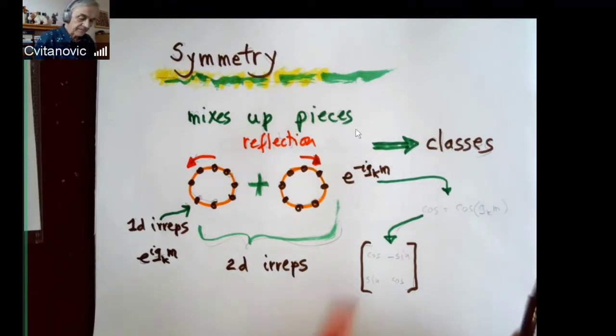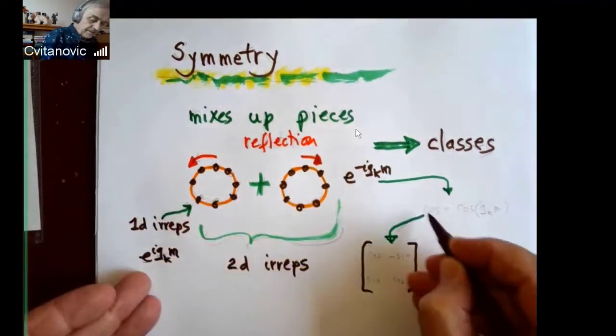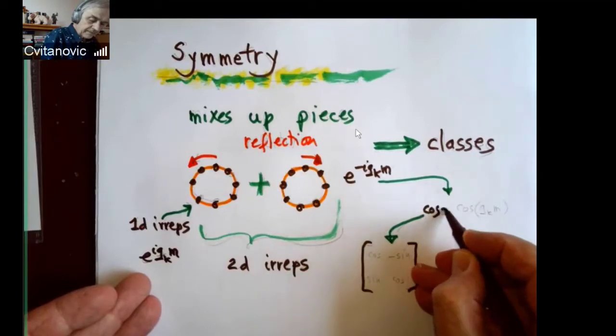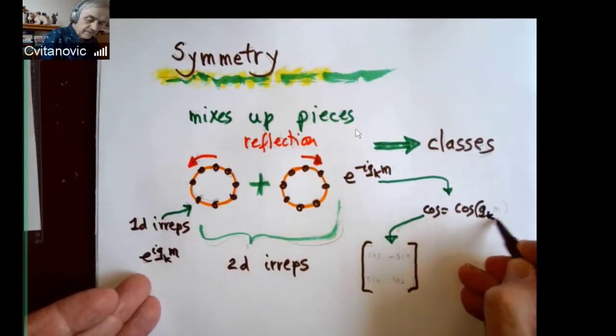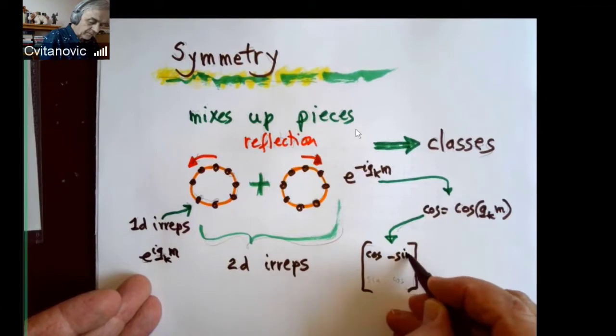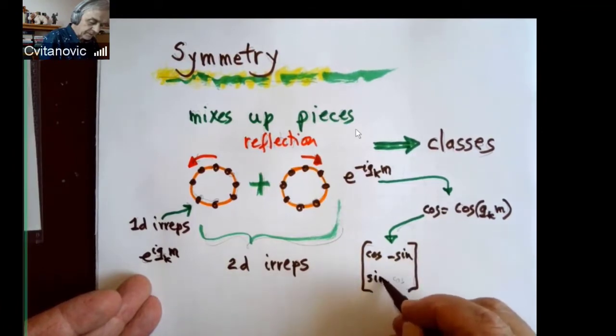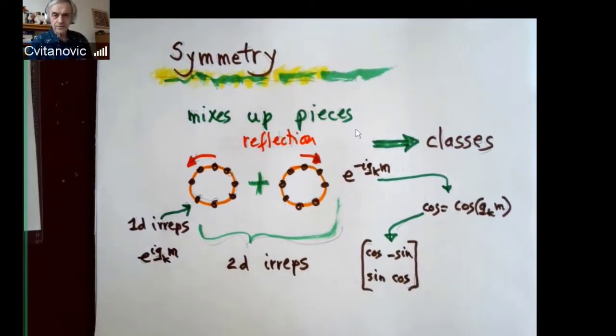In particular, because you're adding I plus and I minus, you will end up with cosines and sines. And the representations will have this form, which we know from the rotation group in the continuum. They'll be two-dimensional. So that's one thing that symmetry does, and I'll give more examples of it.